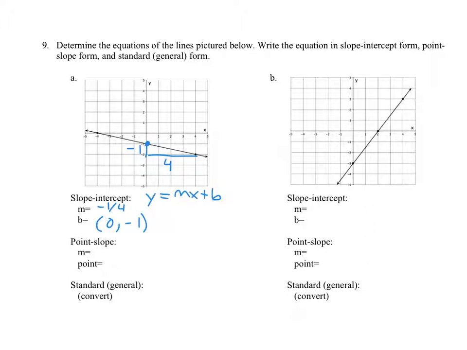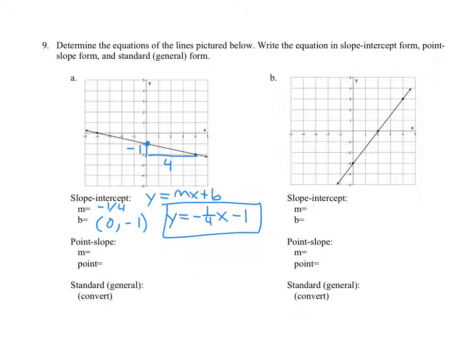So writing the equation in slope-intercept form, we get y equals, we put the slope, negative 1/4 x plus the y-intercept, which is negative 1, so we go minus 1.